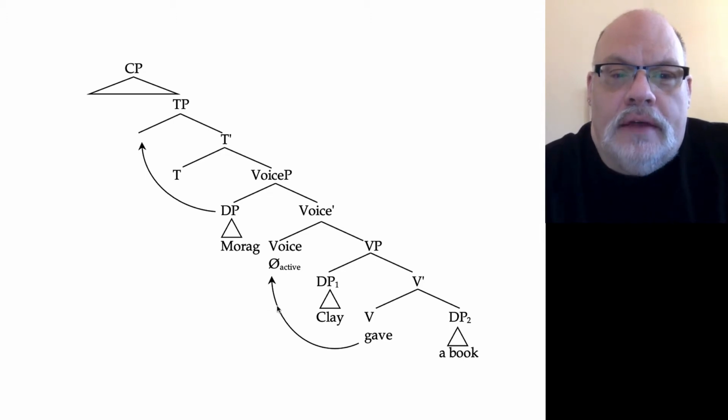So this is quite an explanatory little hypothesis about structure, but there are some things missing. For example, there's no explanation of how Clay gets its case. This is not a case position. And the argument licensing only sort of really works for Morag here.